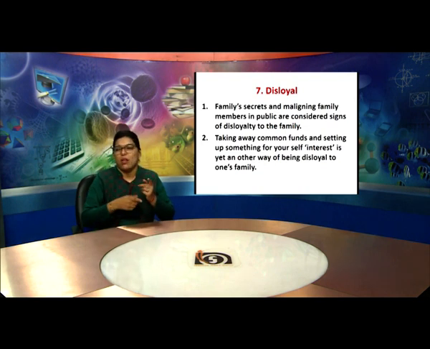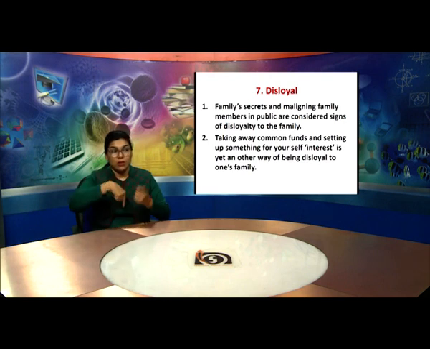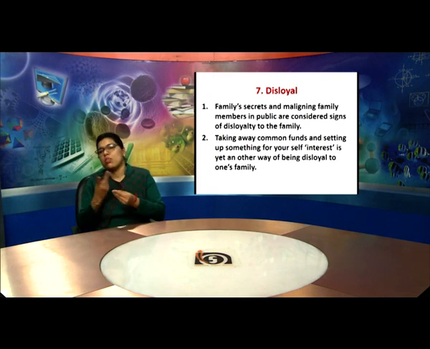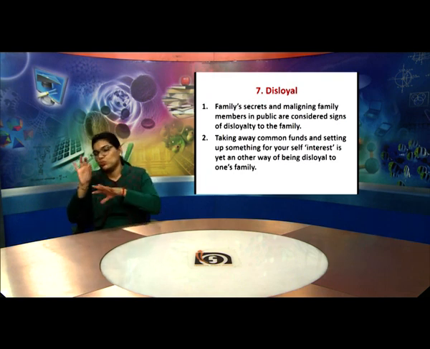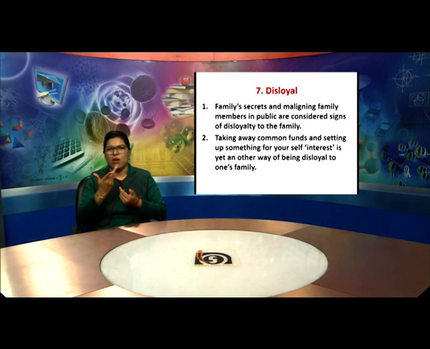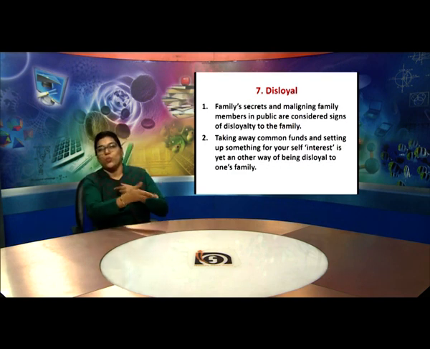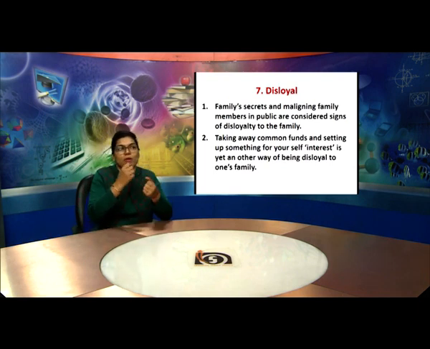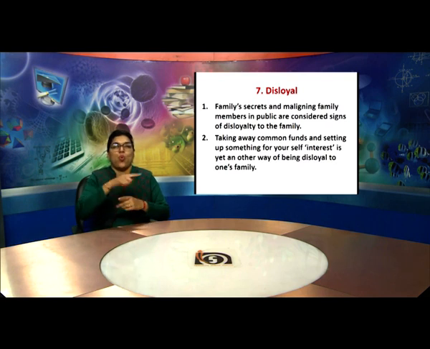We should not reveal the family secrets to anyone who is an outsider. Being a family member, it is our responsibility to be an honest family member. So we should not mock any other family member just for the sake of doing it.